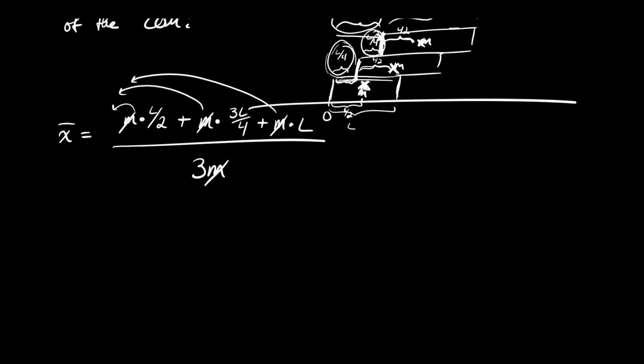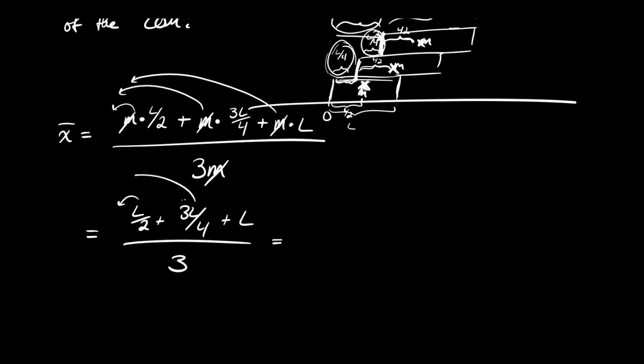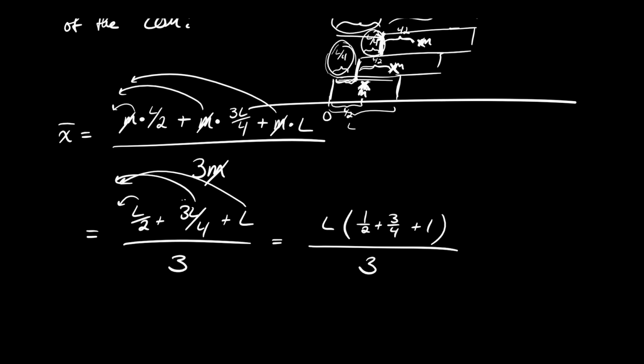So the m's all cancel. And if I want, I can factor out the L's, so I'm going to basically rip them back outside. Now all there is to do is to figure out what this number is.